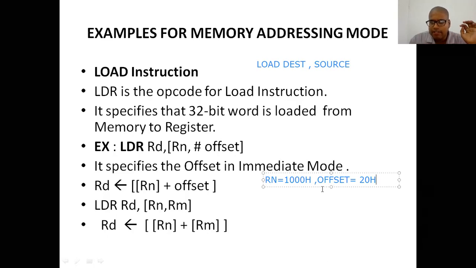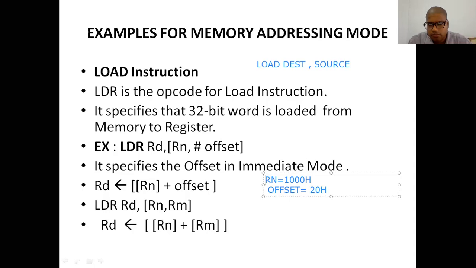Whenever I add these two values, I will get 1020h as an answer, because 1000 plus 20 is nothing but 1020. So this is the value I am going to get.